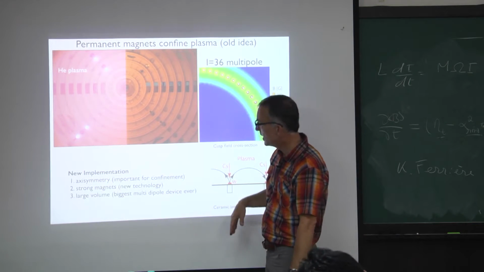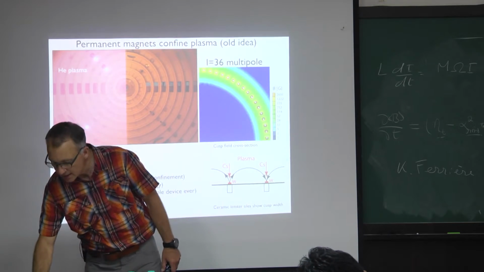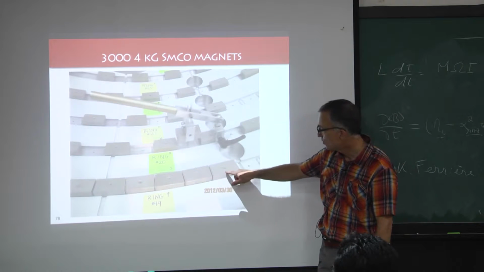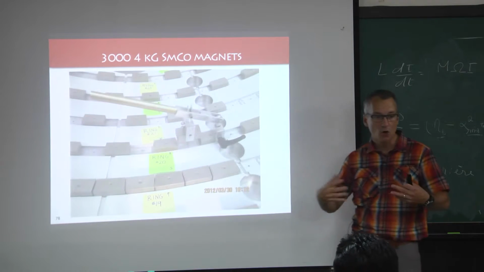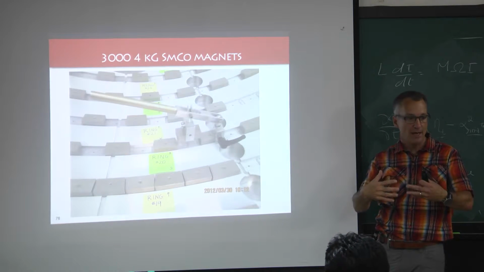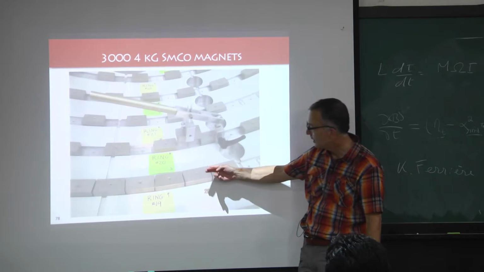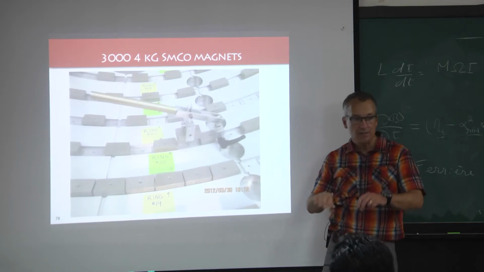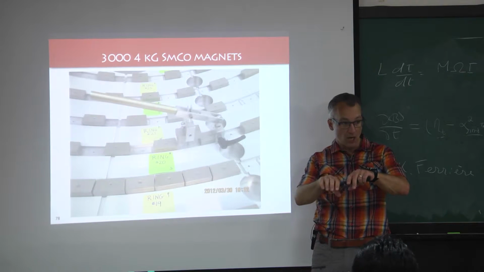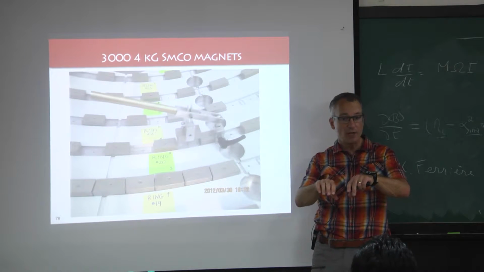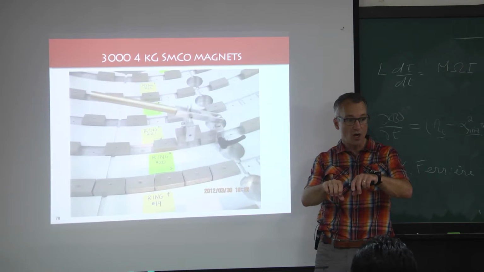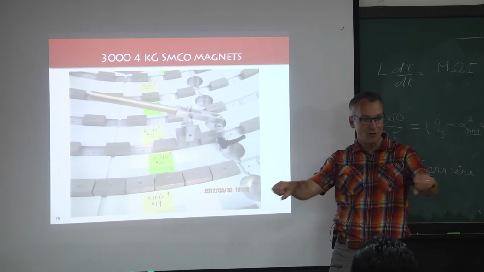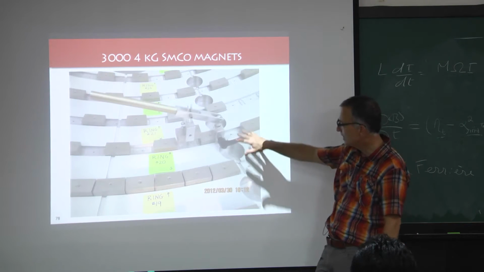This is what it looks like. These are the magnets that are bolted to the wall. These are super strong samarium cobalt magnets. These point inward, these point outward. And these magnets are large, so they have an enormous amount of stored energy. They're very strong. If they get too close to each other, they are attracted to each other, and so assembling this gets very tricky.